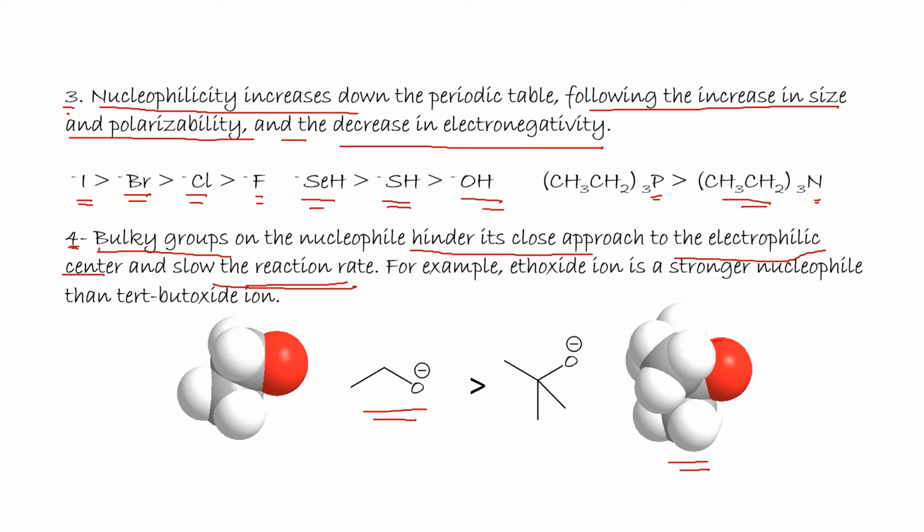See here, the oxygen O- is surrounded by the methyl groups, making it less nucleophilic, while here you can see clearly that the O- is more exposed and free to attack.